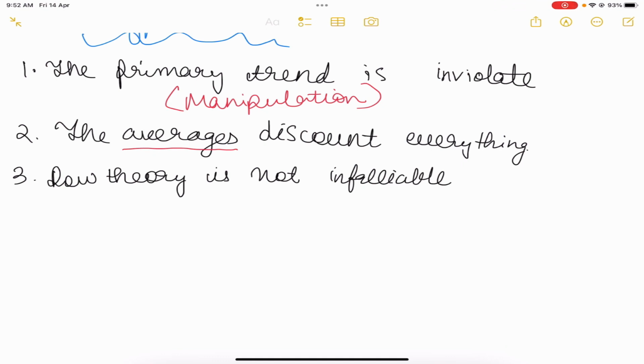You should use the Dow theory as a confirmation or as a help in your trading and investing, but it should not be the only thing which you are following blindly, because even the Dow theory is not infallible, which means it can go wrong at times. So that is one thing to keep in mind. That's why we are saying that investment requires serious and impartial study.